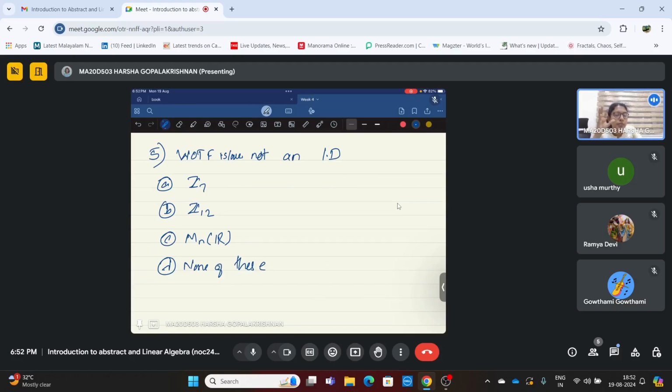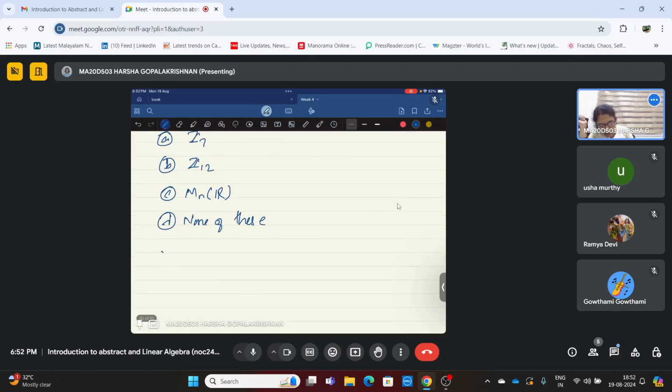Basically this group structure for Z7 under addition will easily follow because we already know that. Let us see. Suppose we are considering Z7 with addition modulo 7 and multiplication modulo 7. First condition is that it should be a group under plus 7. It is a group, it is very clear, we have already seen it many times.